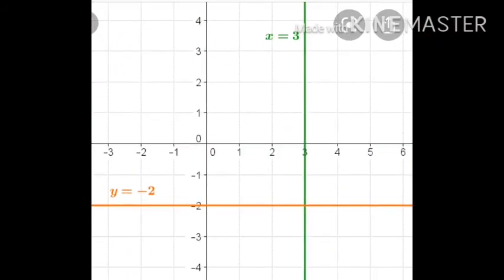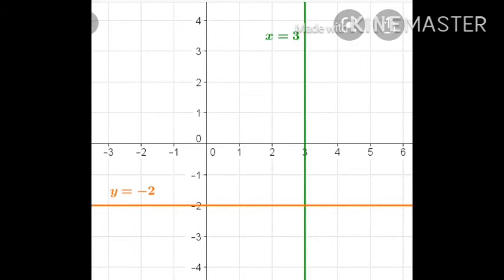See, there is one more fact. If x is equal to 3, the line is parallel to the y-axis, given in green color. And y is equal to minus 2 is drawn in red color.